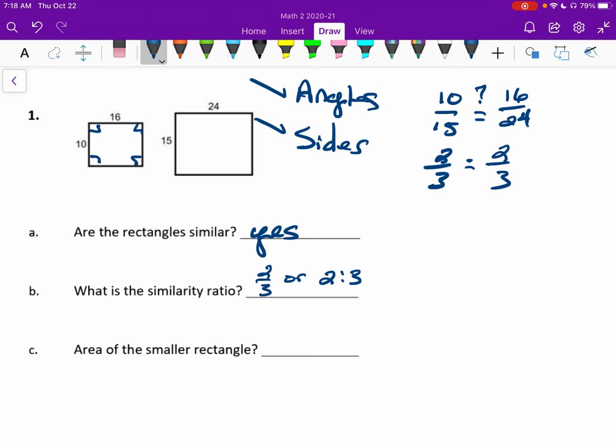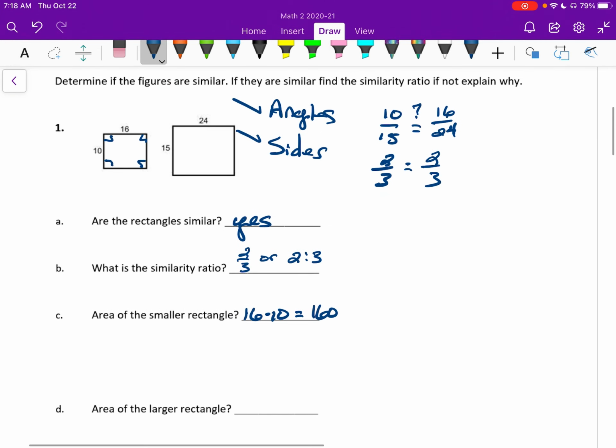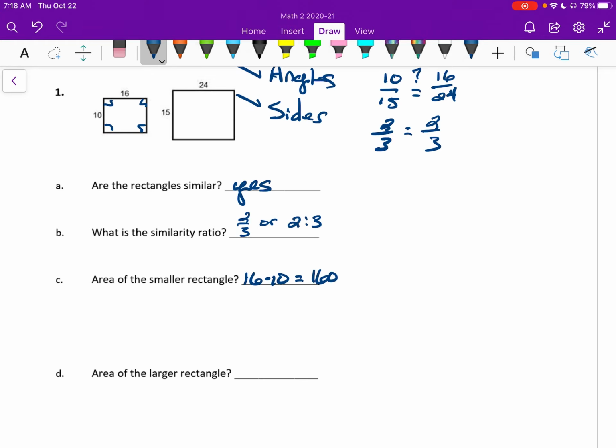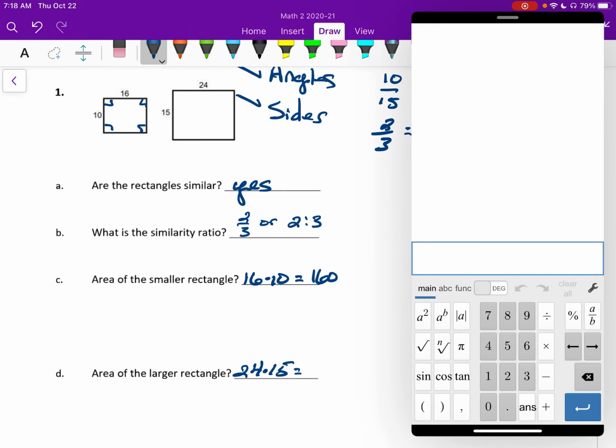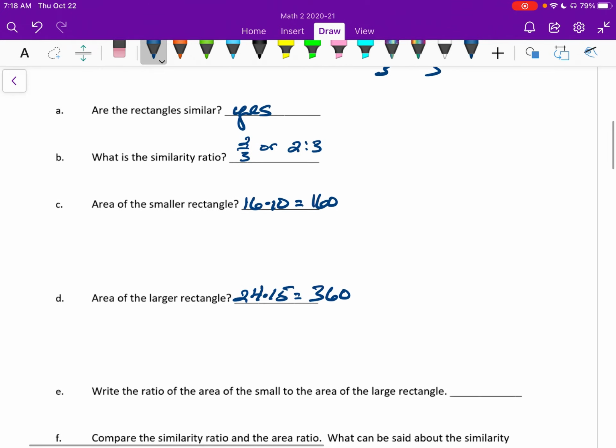Part C says, what is the area of the smaller rectangle? Well, that's going to be 16 times 10, which is 160. That's units squared, but we don't really care about writing that. And the area of the larger rectangle is going to be 24 times 15, which is 360.